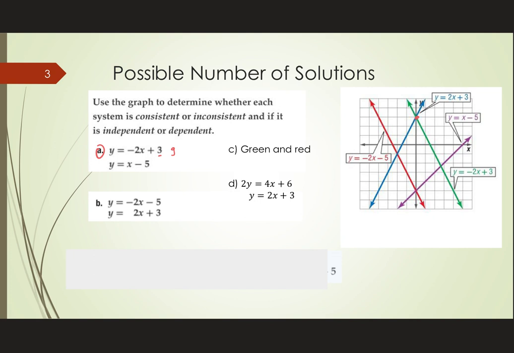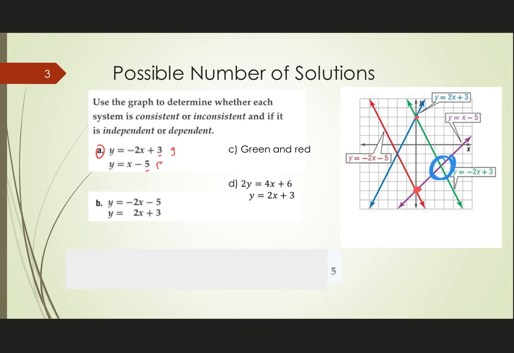Next, we've got y is equal to x minus 5. Minus 5 is our y-intercept, so coming down here. And then x is a positive slope, so it means we have our purple graph. Now we want to determine whether or not these are consistent or inconsistent, and if it's consistent, whether it's independent or dependent. So I'm looking for whether or not the purple and the green graph intersect, and yes, they do.